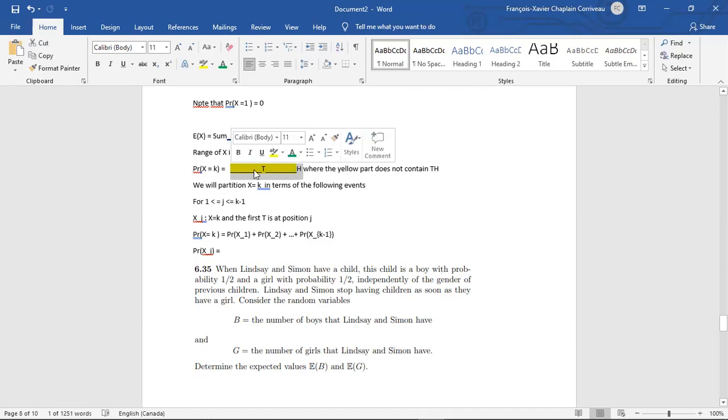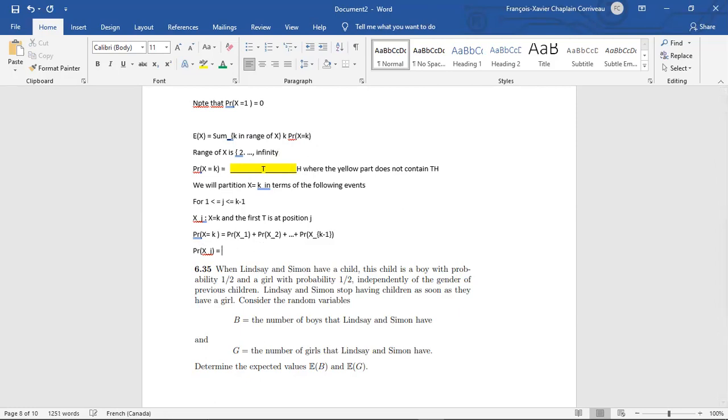Okay. One over how many sequences? Well, length k? Yes, exactly. K tells me the length of this sequence here. And now think again, we're very close to a geometric distribution. This looks a lot like the probability of a geometric distribution. So this is 1/2 to the k.